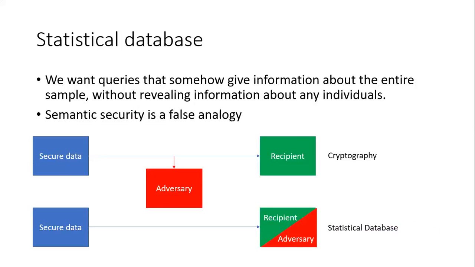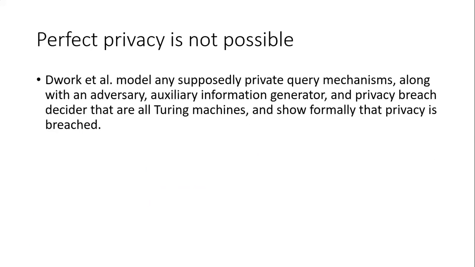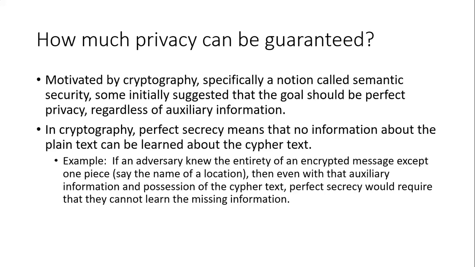In the statistical database example, when we talked about this idea of perfect secrecy, you don't have these two different people. What you have is a database that has information in it, and you want people to be able to query the database and get useful information, but only about the population and not about individuals.